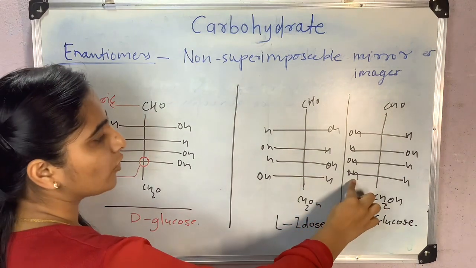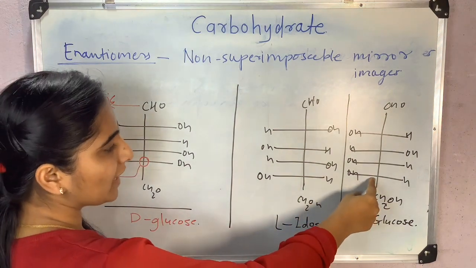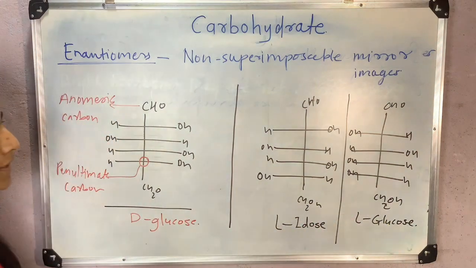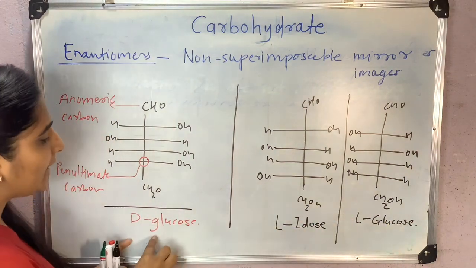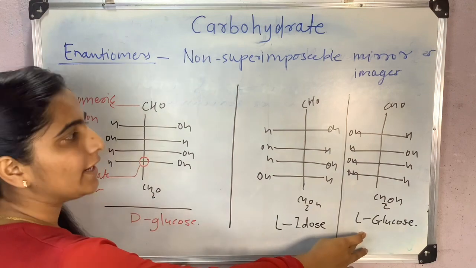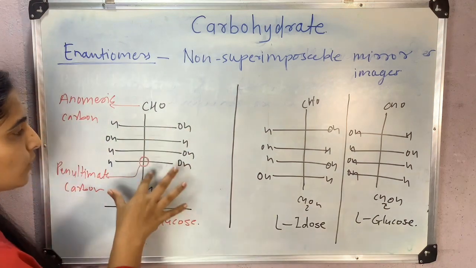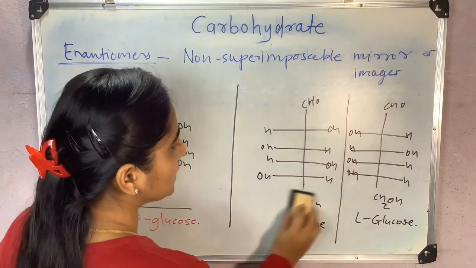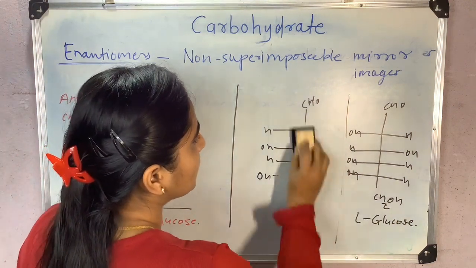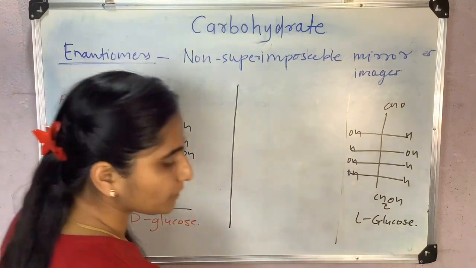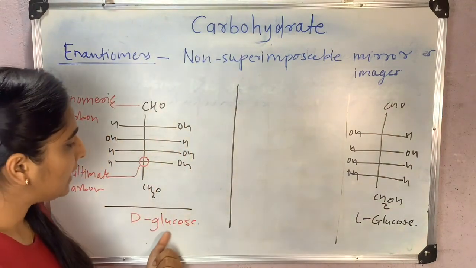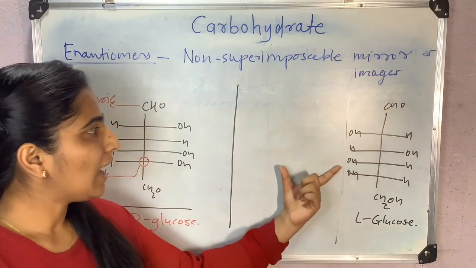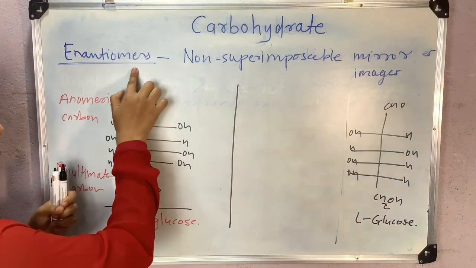See here, the hydroxyl group on the penultimate carbon atom is at the left side, therefore L glucose. We can say that these are right-handed and left-handed forms of a chiral compound. This one is a chiral compound, this one is also a chiral compound. You guys understood now? See, right-handed and left-handed forms of chiral compounds are enantiomers.